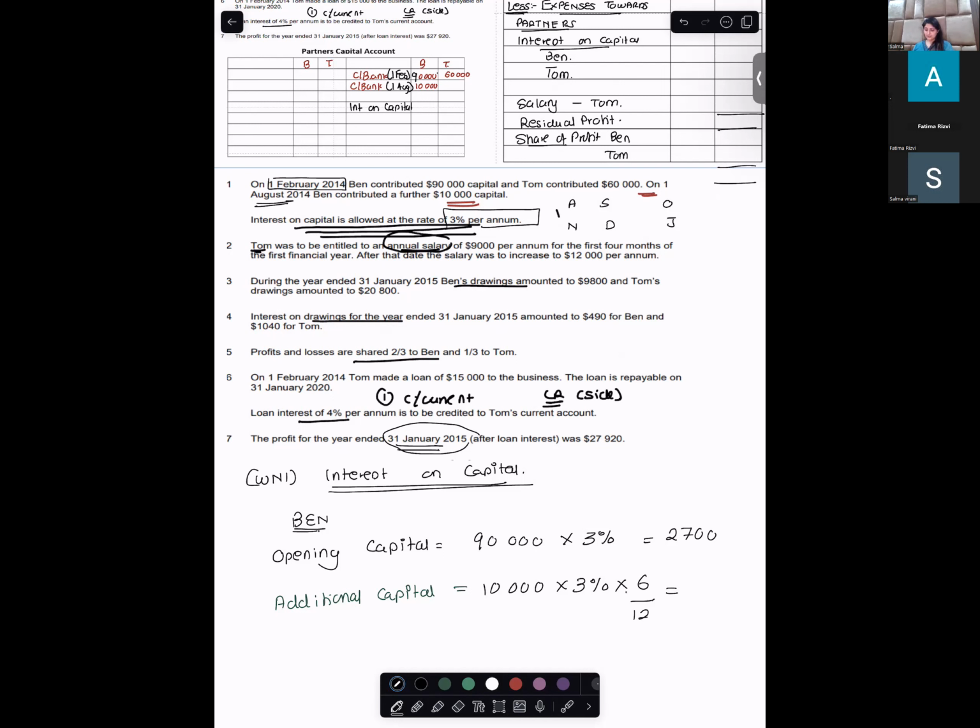So 10,000 into 3% into 6 divided by 12. How much? 150. The total is 2,700 plus 150. So 2,850.